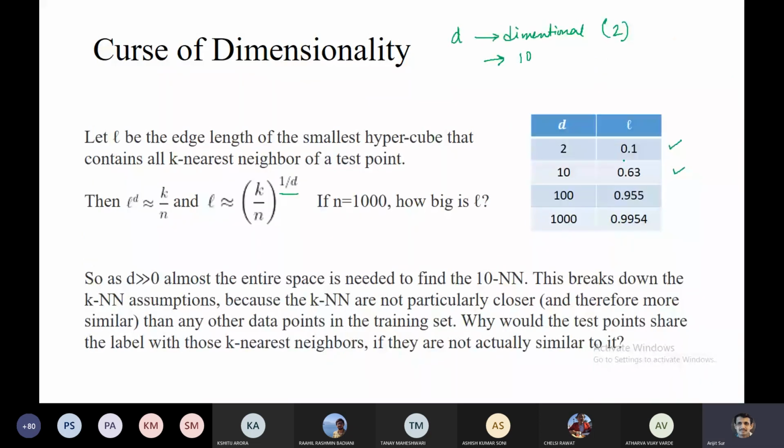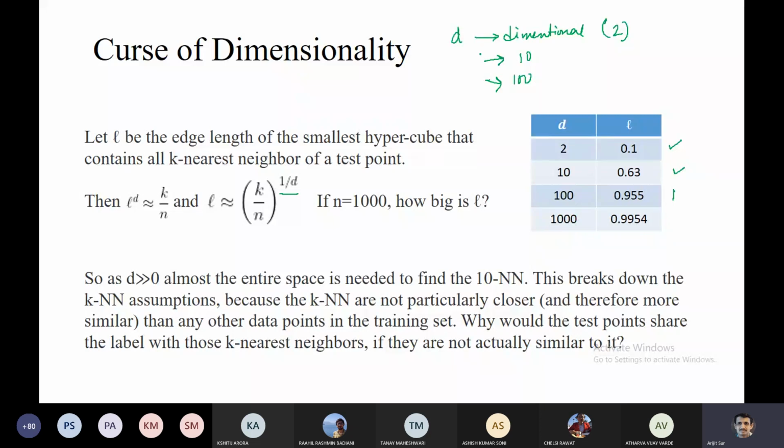If we go to 100 dimensions, then it is 0.95. You see, the whole edge is 1, and it is 0.95. If it is 1000 dimensions, it is 0.995. So what is exactly happening here?